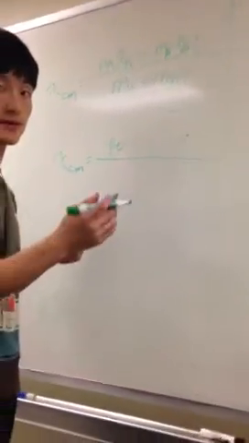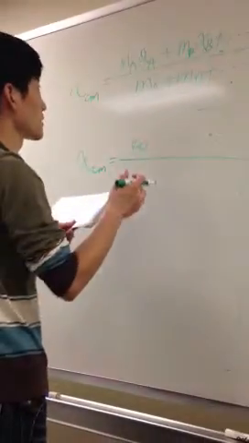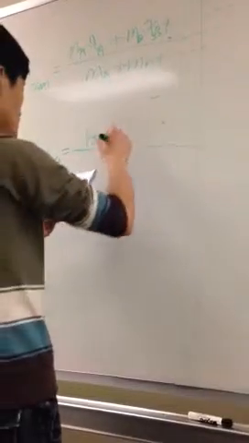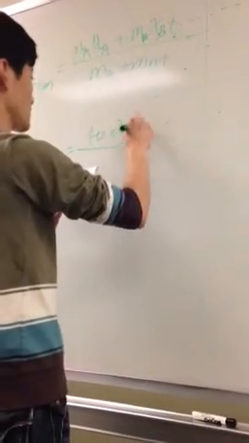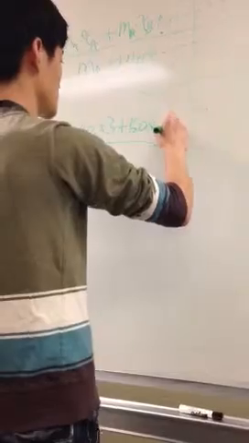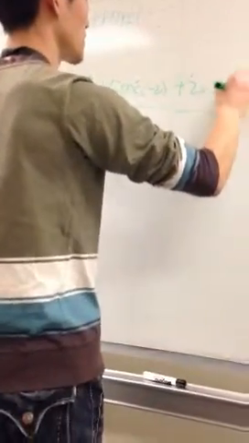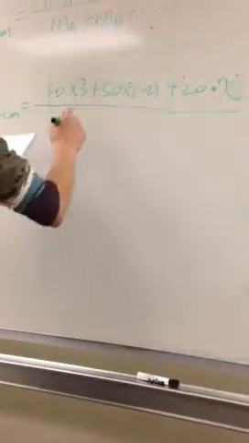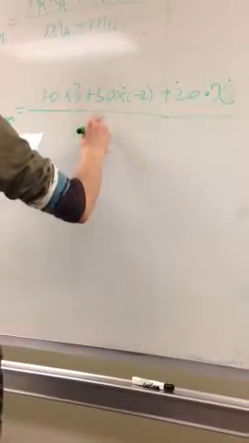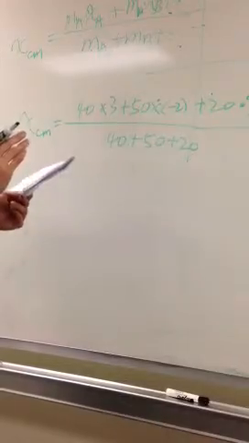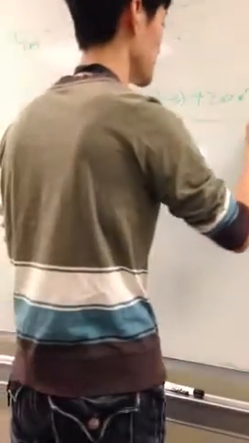It's going to be the same thing. 0.4 times 3 plus 50 times negative 2 plus 20 times x, since we don't know the x of this one, over 50 plus 20. And the center of mass is at the origin, so it's 0.